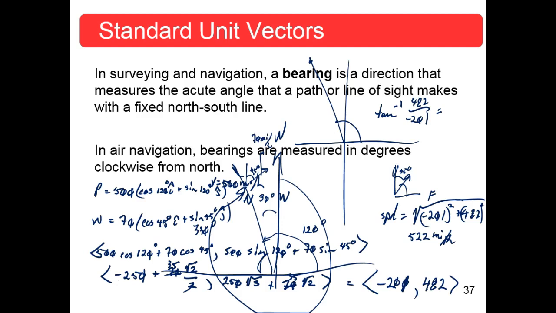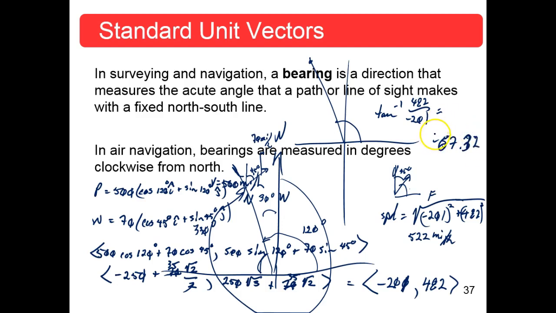The inverse tangent of 482 divided by negative 201. Okay, say that again. Negative 67.32? I can't hear.